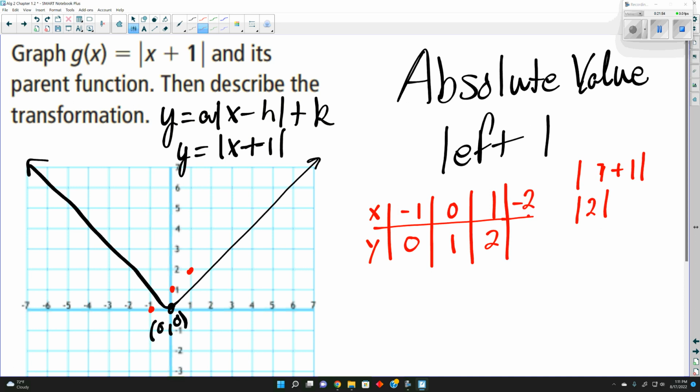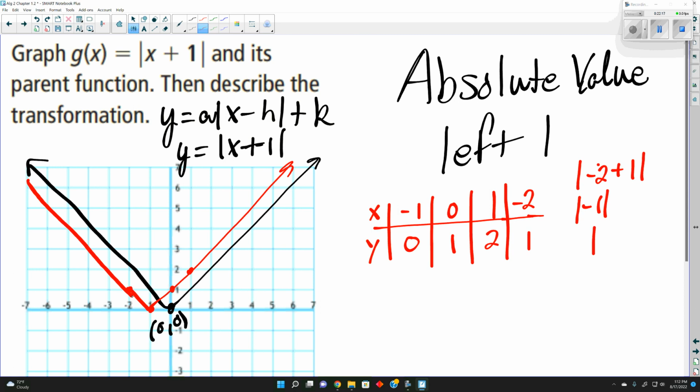I'll do one more with -2. -2 plus 1 is -1, absolute value of -1 is 1, so -2, 1. We can see the whole function move to the left.